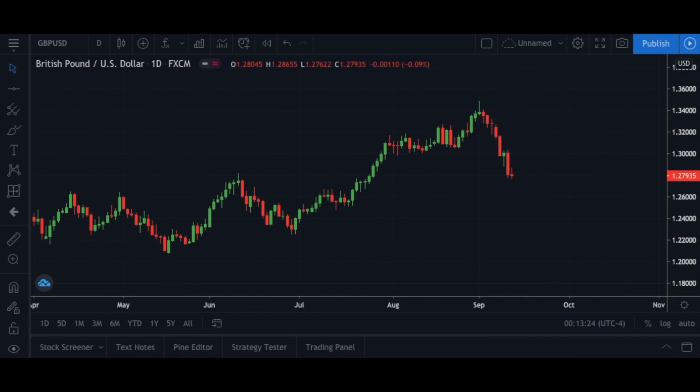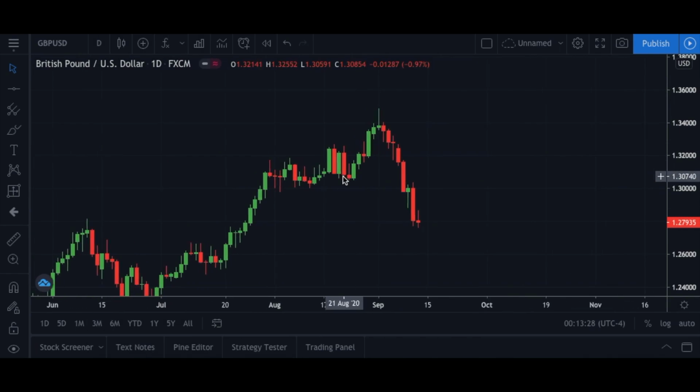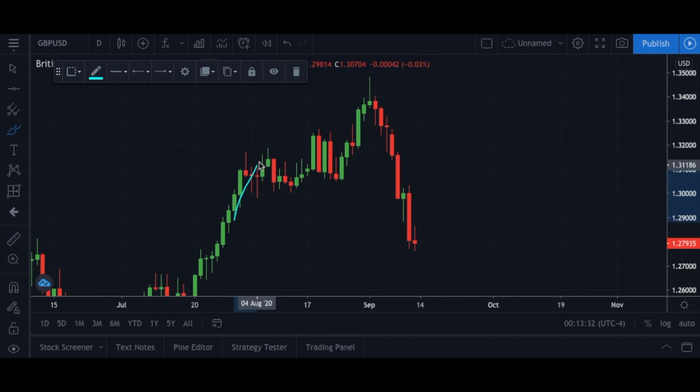All right, so on the daily I see that after GU made this bullish rally and topped out here, oh my gosh, my drawing, I'm sorry guys. Topped out here. It was straight bearish candles after that. So I'm assuming this was Wednesday as well.